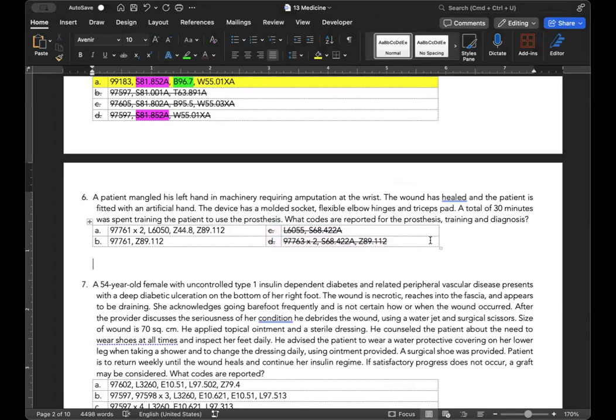Yep. And then Dawn, you're right. So because we know we did a total of 30 minutes, we can automatically assume that it is letter A because we have to account for the full 30 minutes. And each one of the units for 97761 is for 15 minutes. So we can report 2 units.